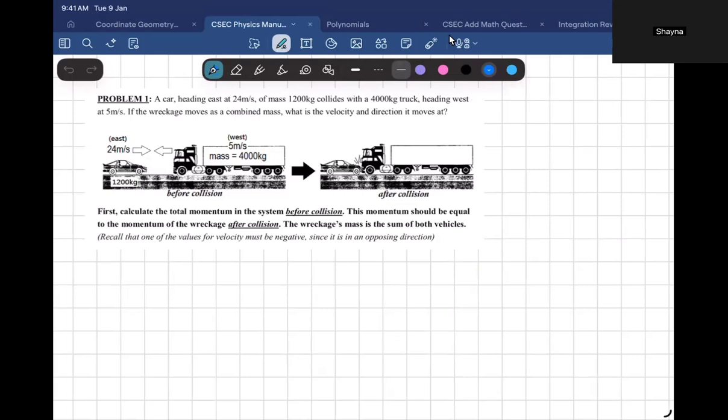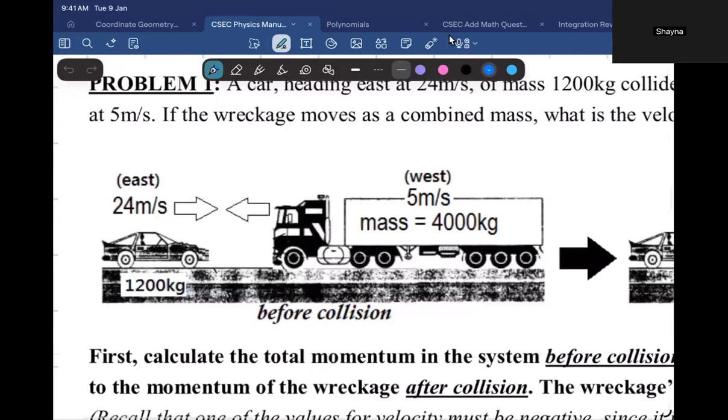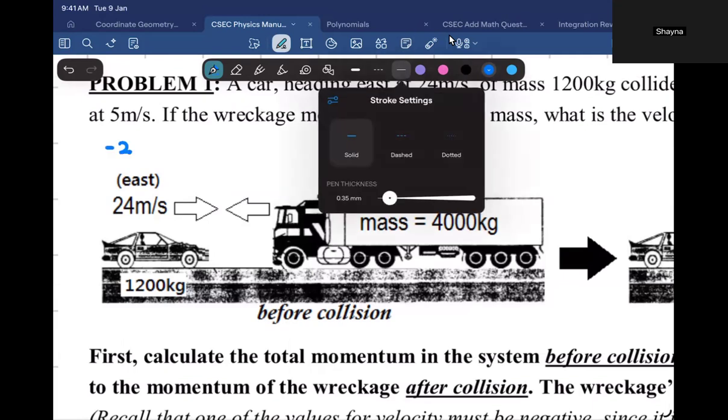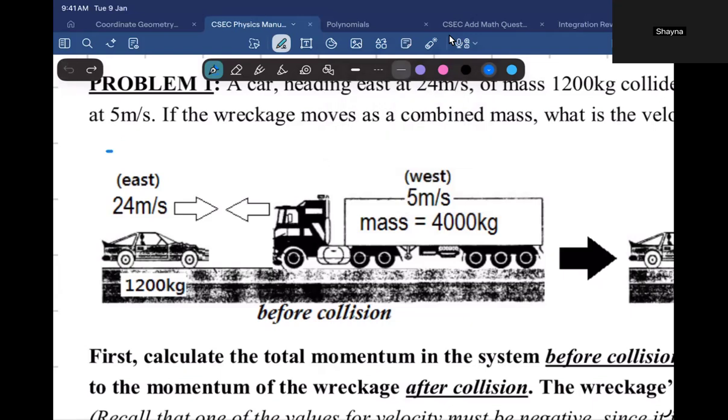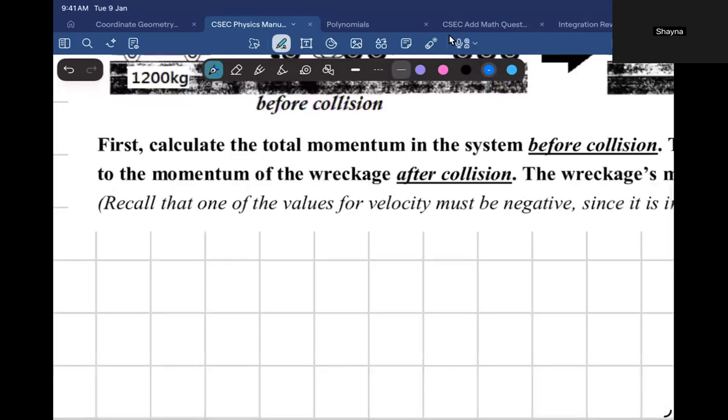All right. So we first need to decide which one we're going to call negative. Which one do you want to call negative? It really doesn't matter. We just need to come up with a convention. You want to let east be negative or west be negative? East. Okay, so we could call this negative 24 meters per second. I'm going to write that over here.